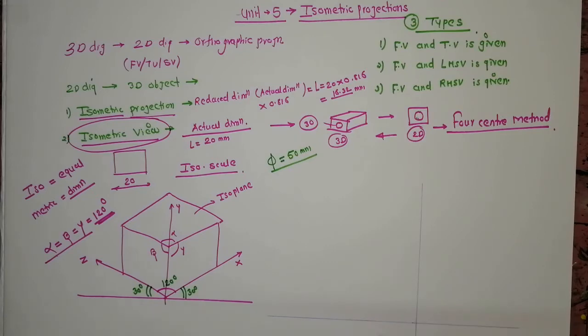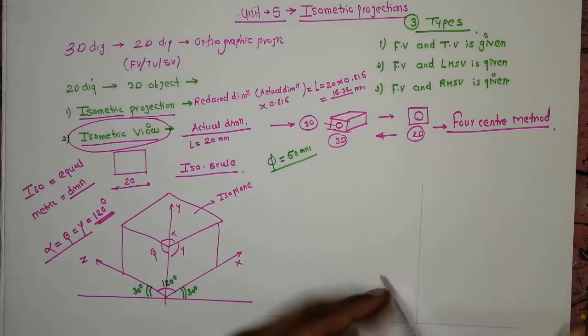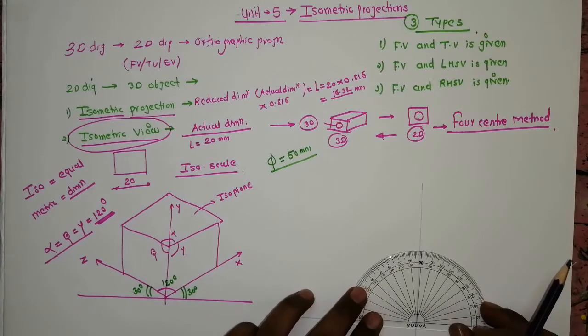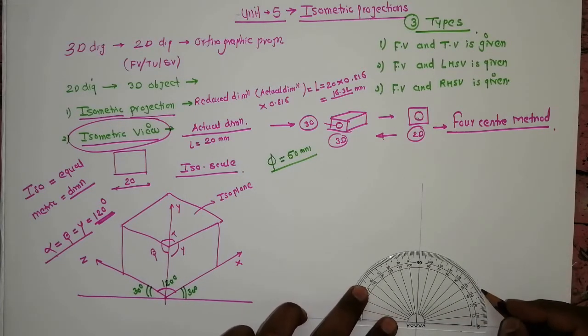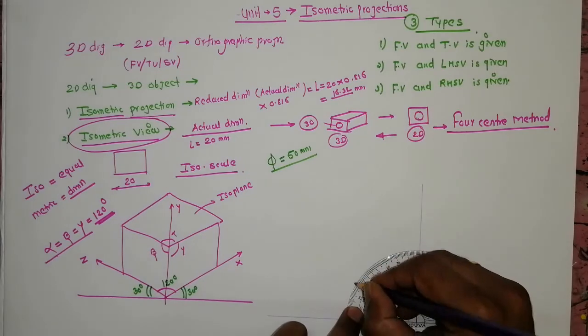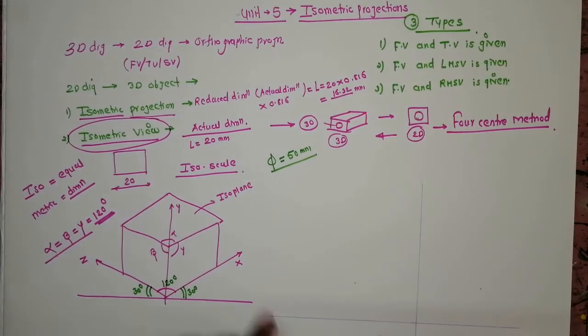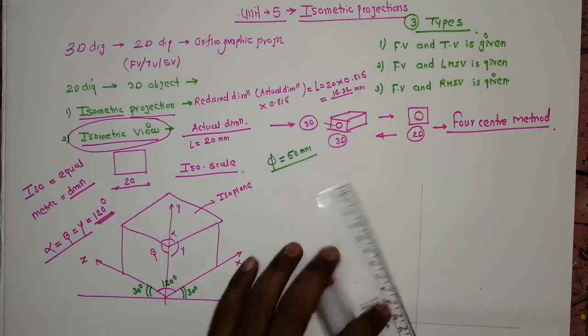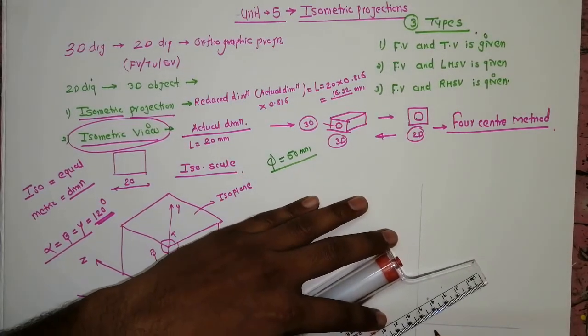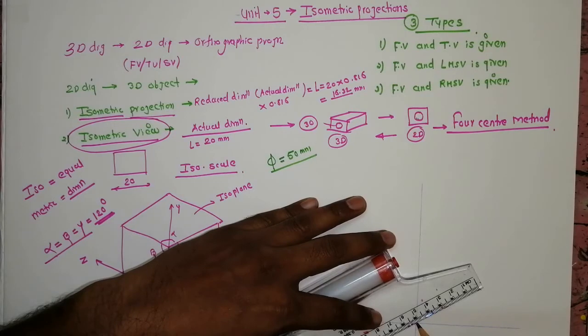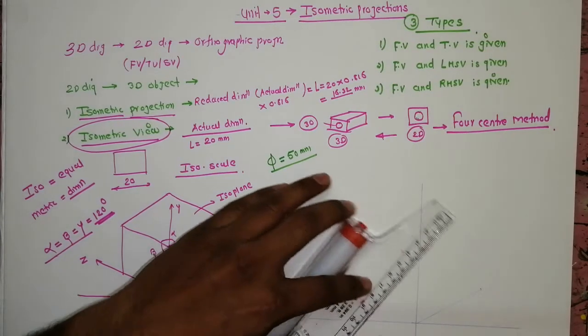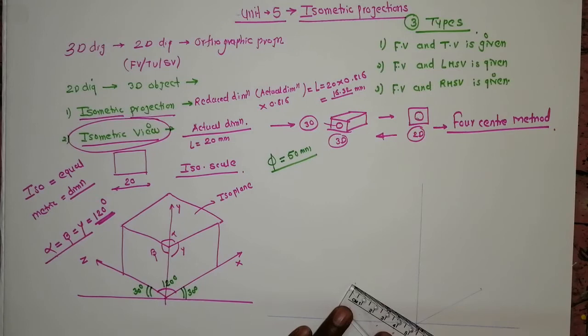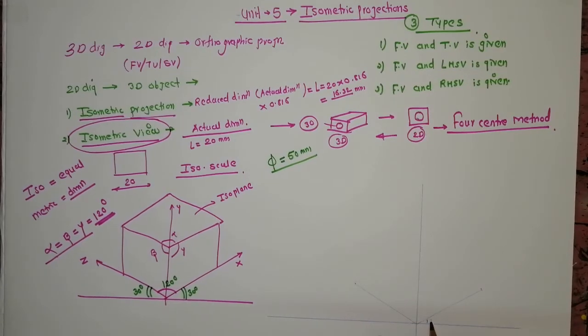So first we have drawn two perpendicular axes. Now take the included angle 30 degree. So here this is 30 degree angle. Okay, how much dimension? So it is 50. So the first step is you have to make the square of 50 by 50. Here this is 50, then this is 50. This included angle is 30 degree, this is 30 degree here, this is 30 degree here.